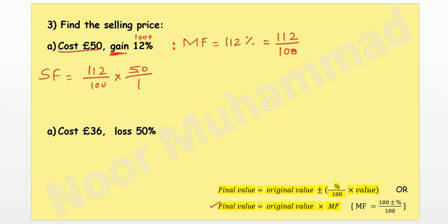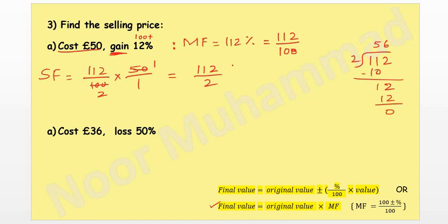Now 50 times 1 is 50 and 50 times 2 is 100, so we are left with 112 out of 2. Now divide this 112 by 2. 2 times 5 is 10, so it will be 12. So 2 times 6 is 12. So the final answer will be 56 pounds. This is the final price, or the selling price.